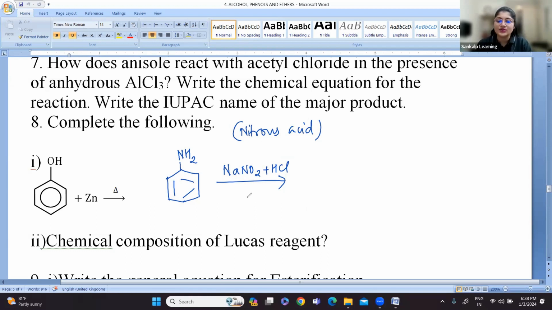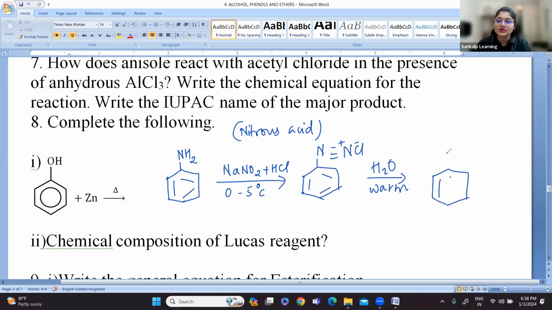At a temperature of around 0 to 5 degrees Celsius, you are converting your aniline to the diazonium salt, that is, N2+ Cl-. So this is diazotization, followed by warming the solution in water, and you get phenol.